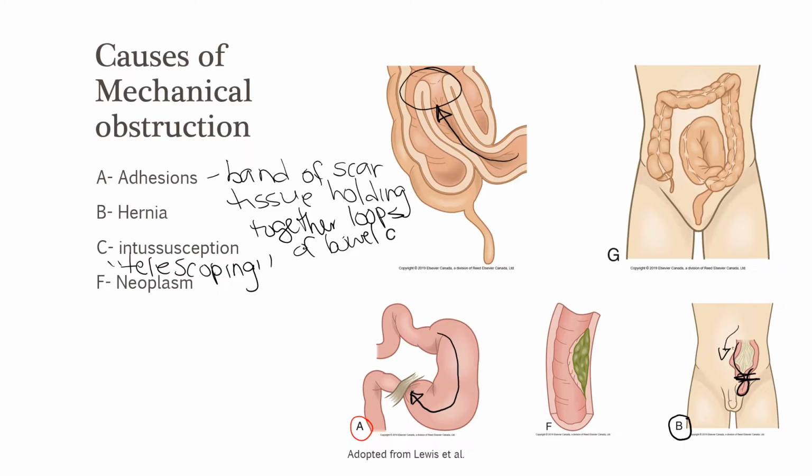F is showing you what a neoplasm is. So a neoplasm, or a tumor, will then also cause an obstruction or an occlusion within the lumen of that GI tract, not allowing content to get through. And then lastly, G, this is called a volvulus. And now the reason or the cause for a volvulus is often idiopathic. So they're not exactly sure what causes a volvulus to occur.